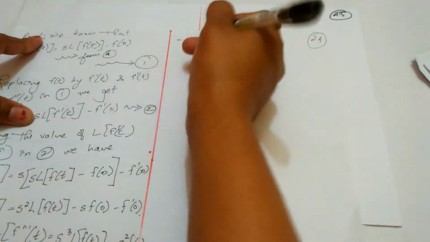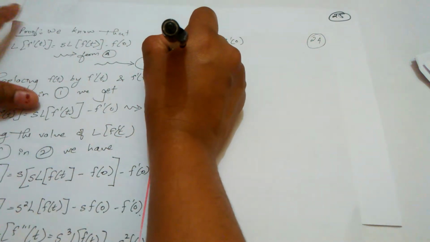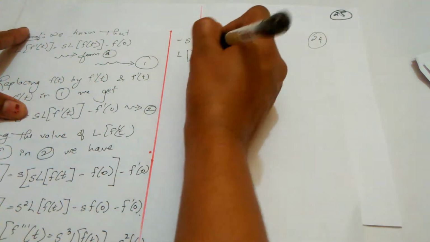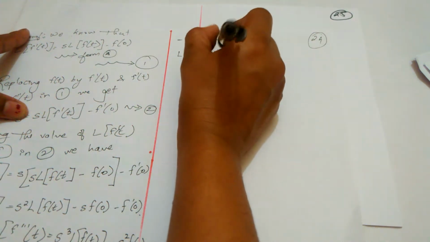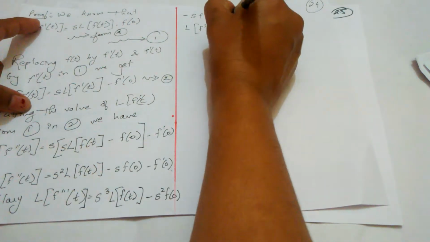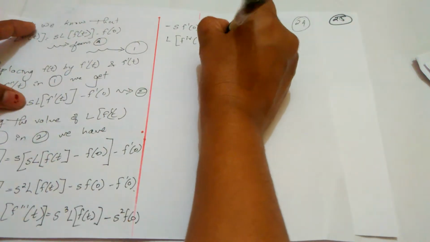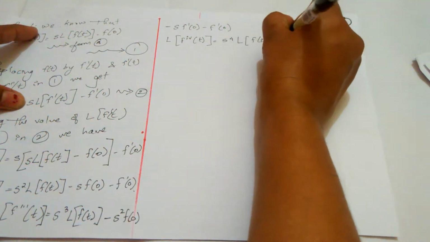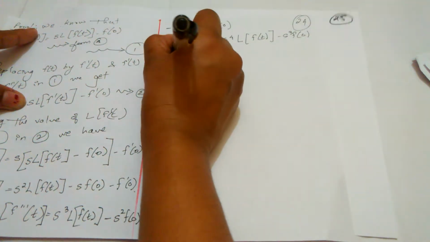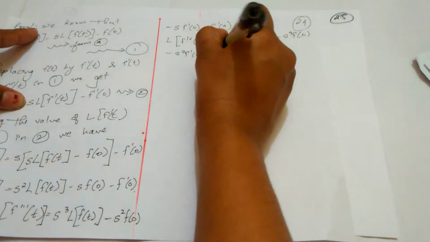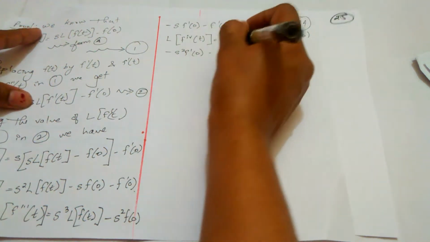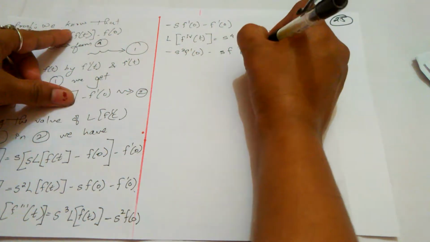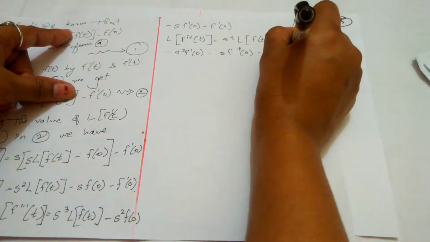Similarly, this was for triple dash. Now for the fourth derivative, L of f fourth dash of t is equal to s to the 4 L of f of t minus s cube f of 0 minus s square f dash of 0 minus s f double dash of 0 minus f triple dash of 0.